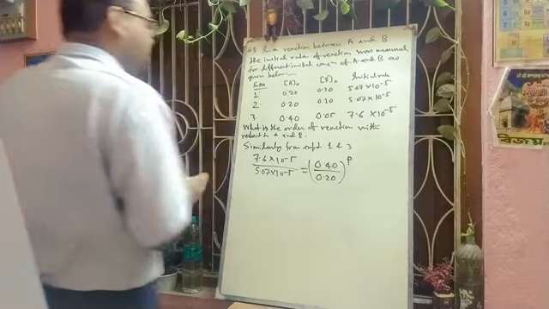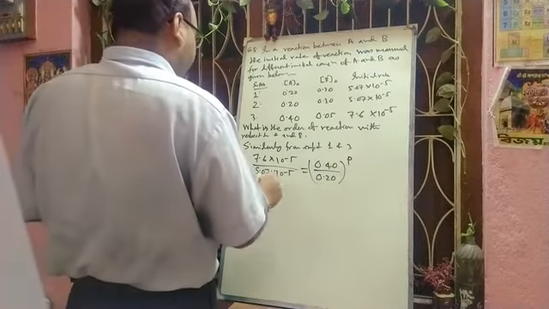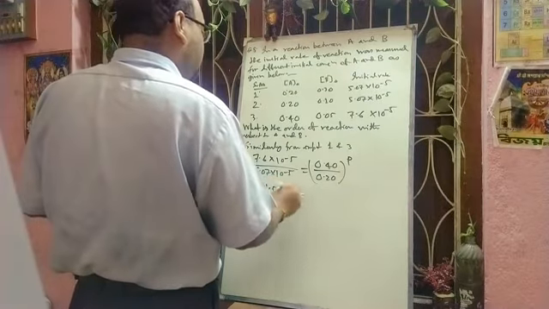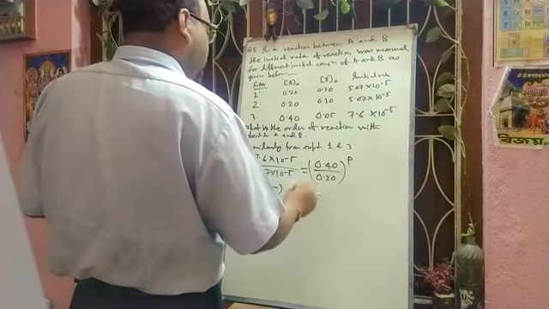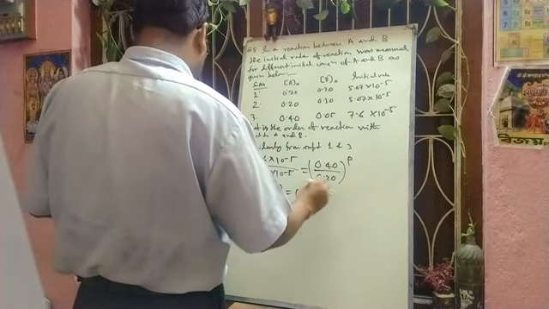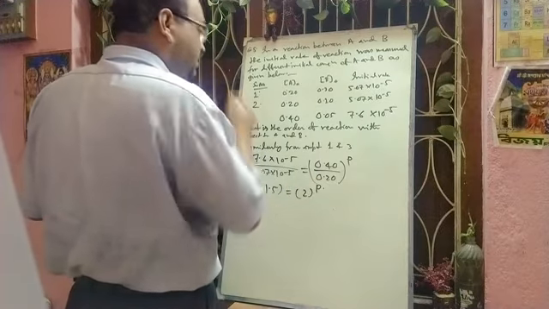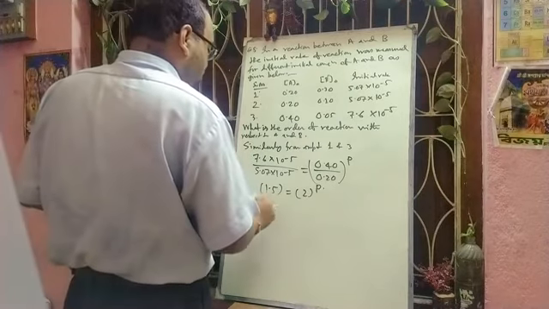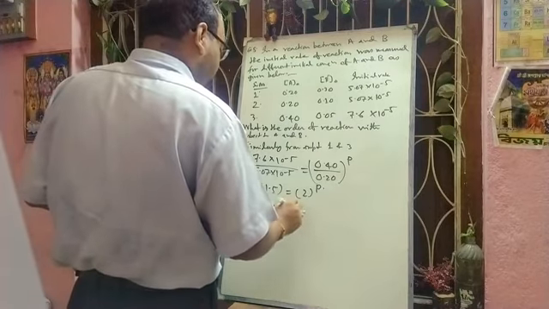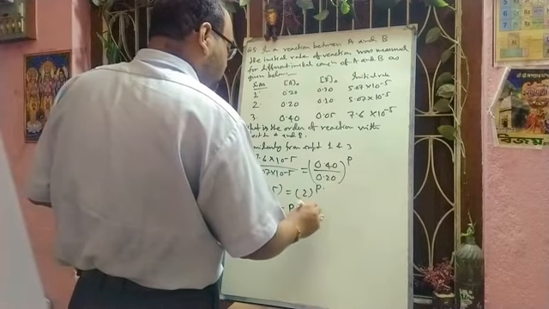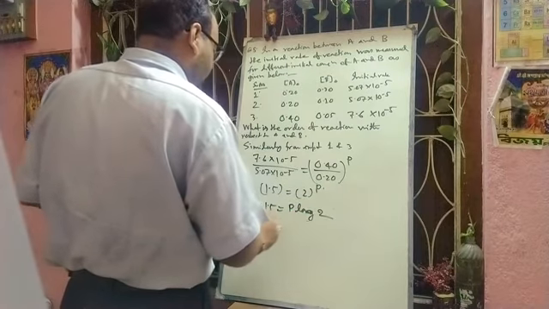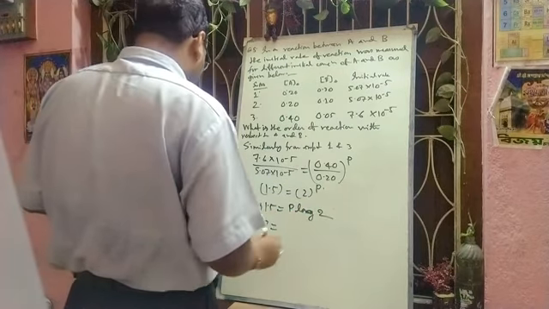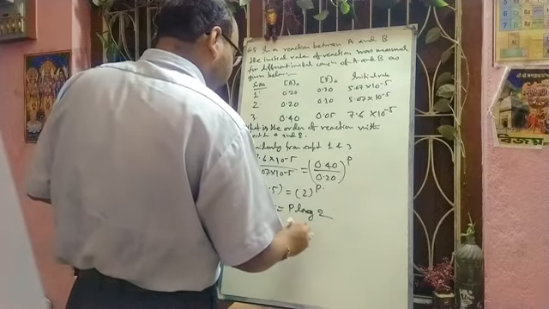So from here if you calculate you will get 1.5 is equal to 2 to the power p. So now in this case we have to take log on both sides. So log 1.5 is equal to p log 2. From here if you calculate the value of p, it will become around 0.58.